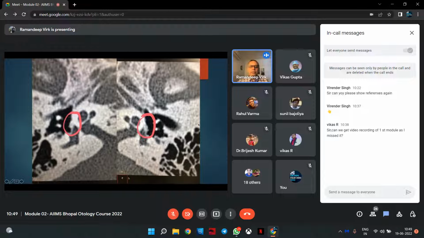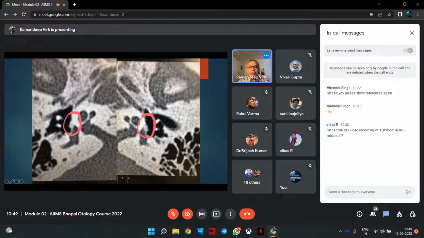Okay, so this is how an otosclerosis would appear. Can you see this is the footplate, pointed by my pointer, and this lump of tissue is the otosclerotic focus. Do you see this bone? That is the otosclerotic focus. Same with the other ear. This is the otosclerotic focus, and this is the footplate.